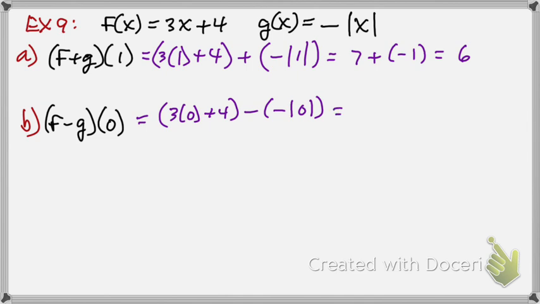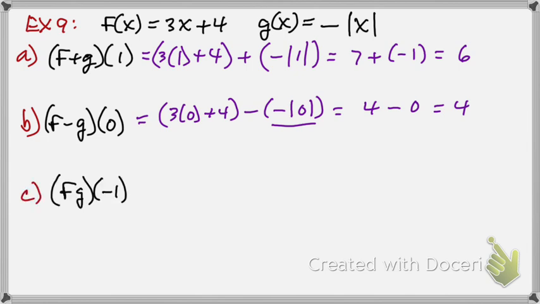So 3 times 0, 0 plus 4 is 4, minus the absolute value of 0 is 0. Take the negative of that, it's 0. I'm just getting 4. Again, this works when they're just saying evaluate it. You have to read the question.